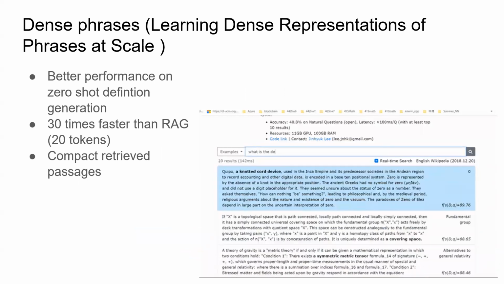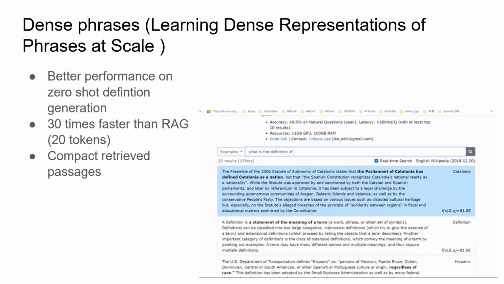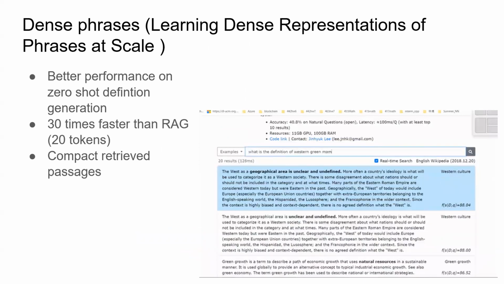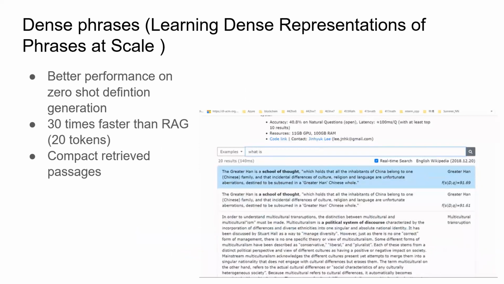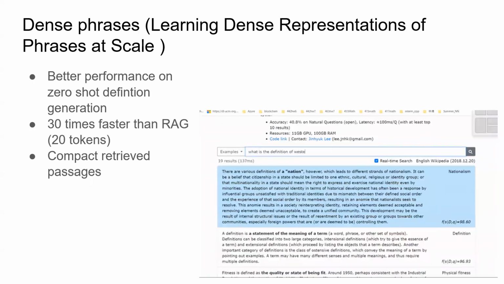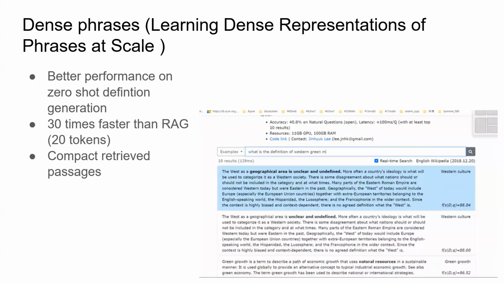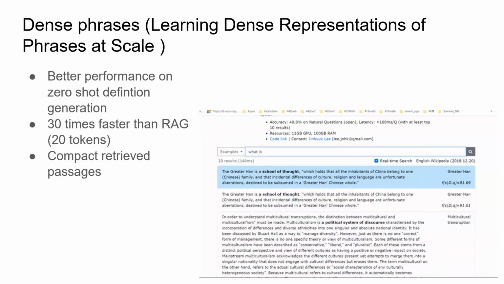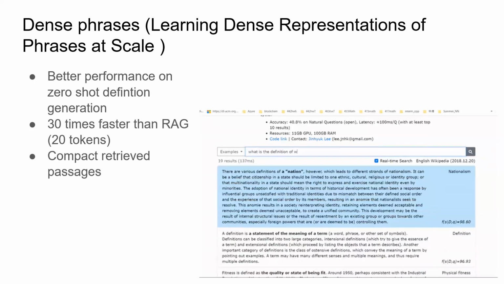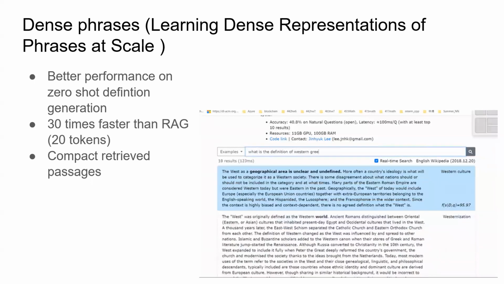Utilizing DensePhrases is another trick to improve final performance. This model was first introduced in the paper Learning Dense Representations of Phrases at Scale, written by Dr. Danqi Chen. Briefly speaking, they adopt a similar architecture as the retriever in RAG. However, instead of retrieving the passage, they focus on a more fine-grained level and retrieve phrase spans of only 20 tokens.